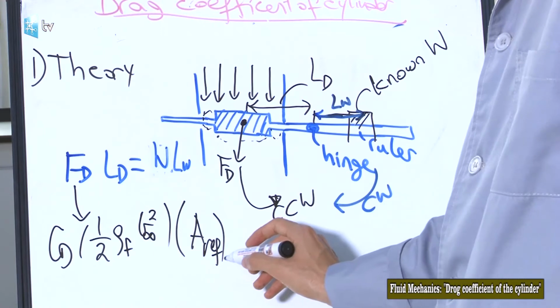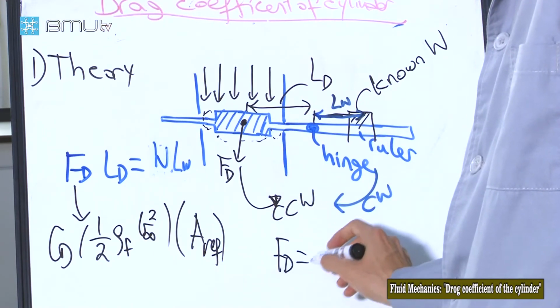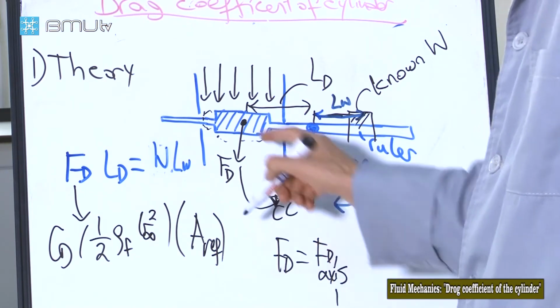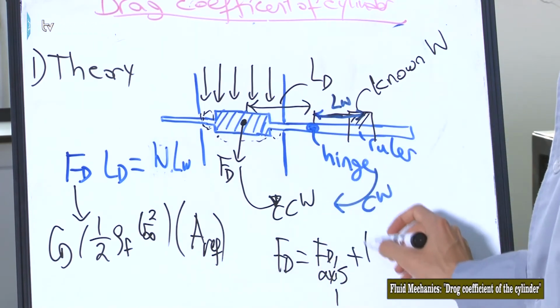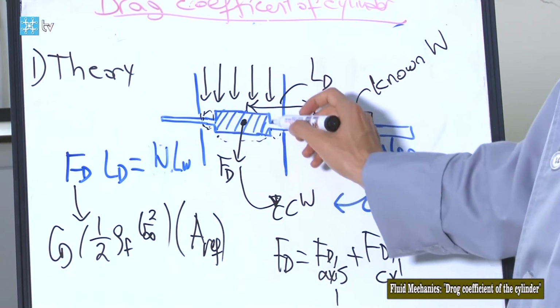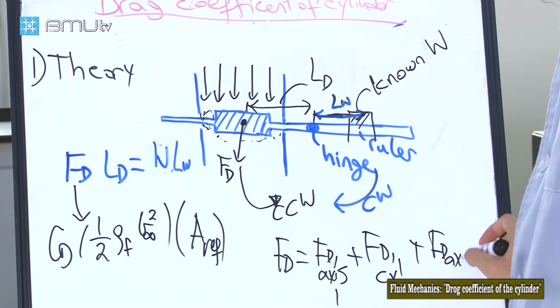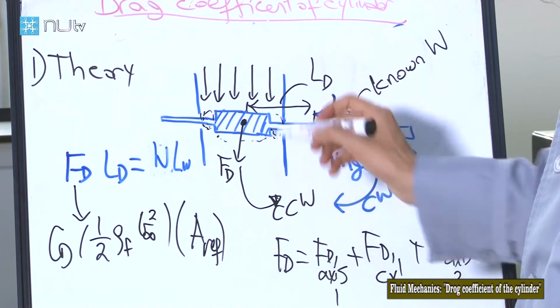Therefore, the total drag is equal to the drag acting on axis 1, which is the small part you can see here, plus the drag due to the cylinder body that I'm trying to measure, plus the drag due to axis 2, which is the remaining part here.